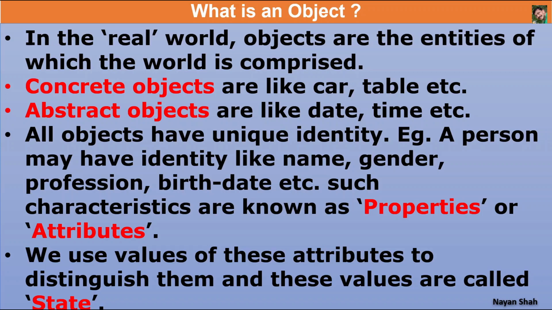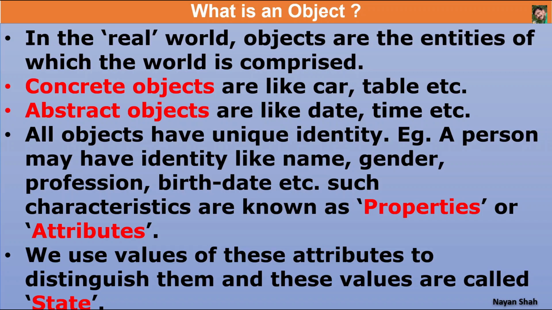These are such things which give unique identity to me. Otherwise, I am a person, you are a person, everybody is a person. So person, person, person is common. But then how does one person differ from another person? By their name, their gender, their profession, their birth date, their address and other things. So these are the things which are known as properties or attributes of object.